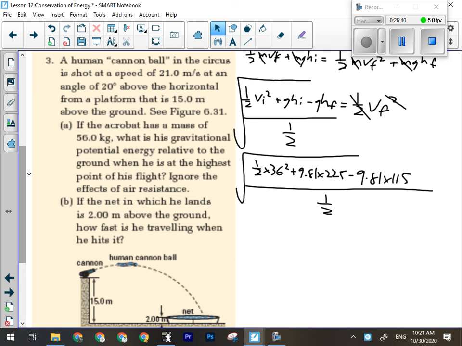Now, when he's at his highest point in his flight, does he still have kinetic energy? This is what I was talking about at the beginning of class. Is he moving at his highest point? Yes. Then he does have kinetic energy at his highest point. Which way is he moving at his highest point?